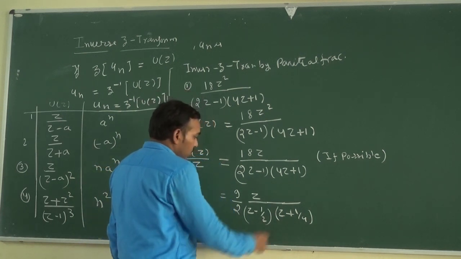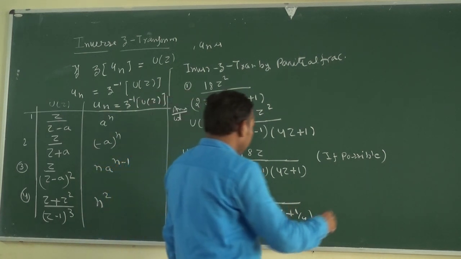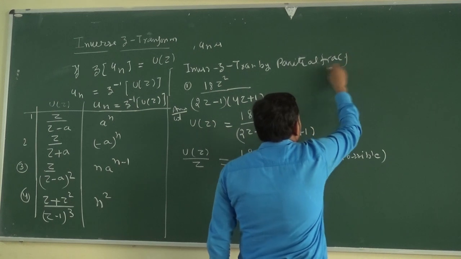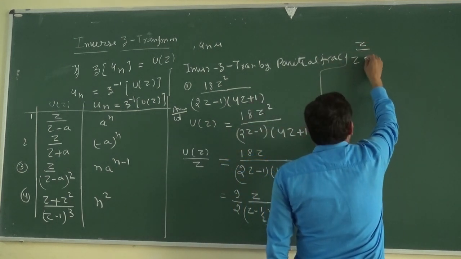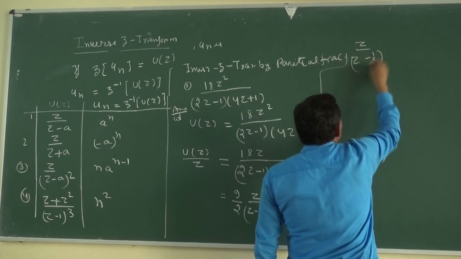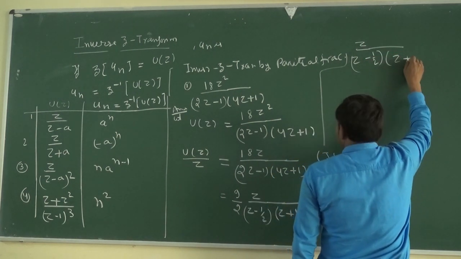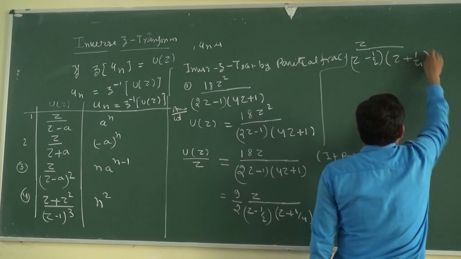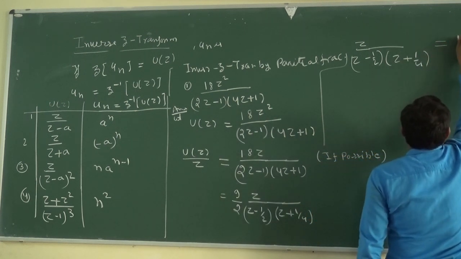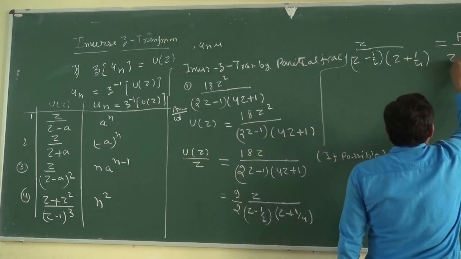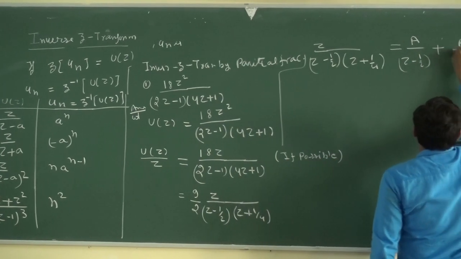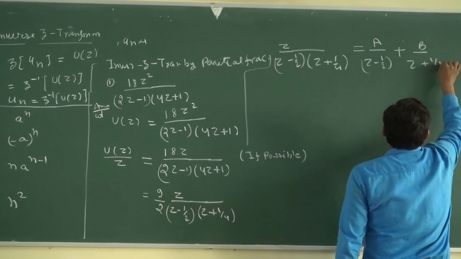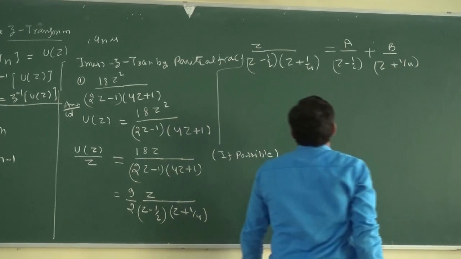Now our motive is to convert this into partial fractions. So z upon (z minus half)(z plus 1 upon 4) can be written as a upon (z minus half) plus b upon (z plus 1 upon 4).